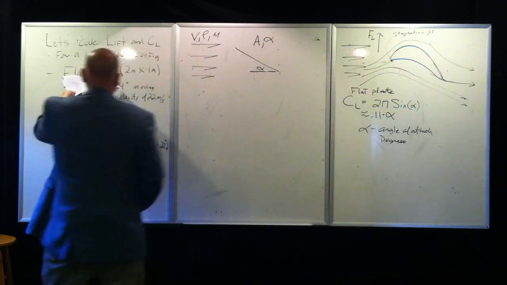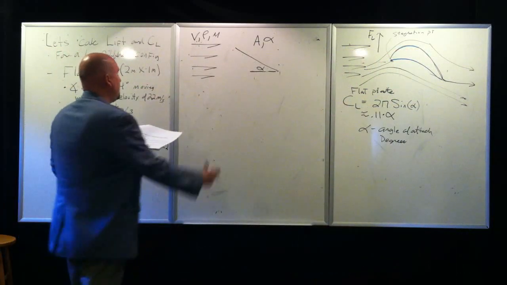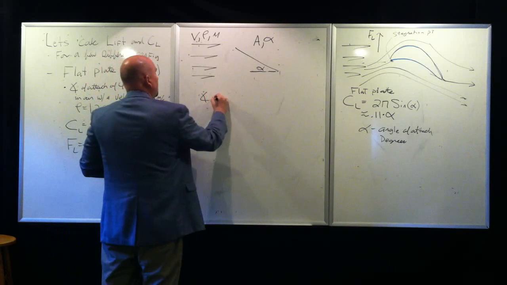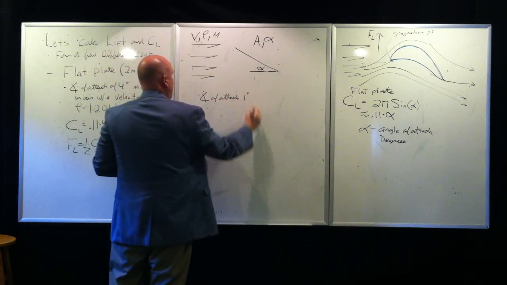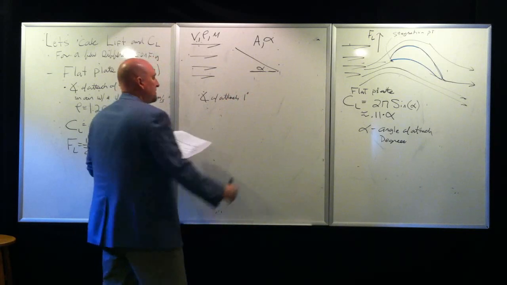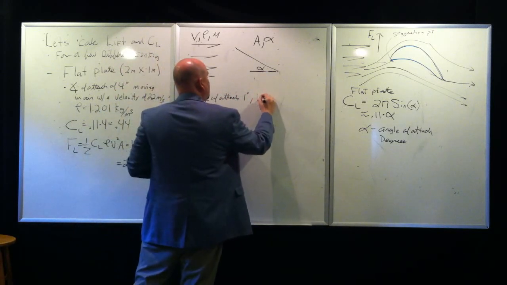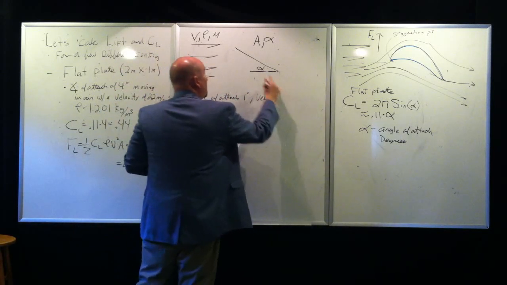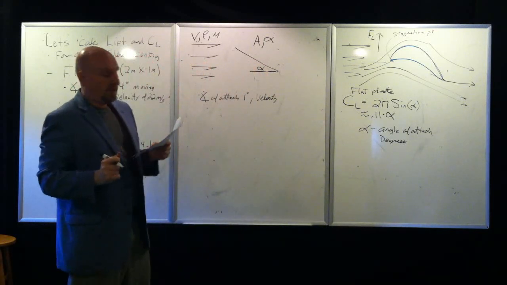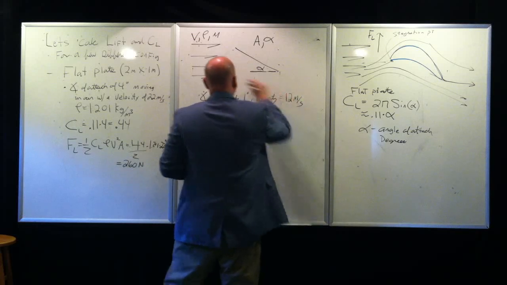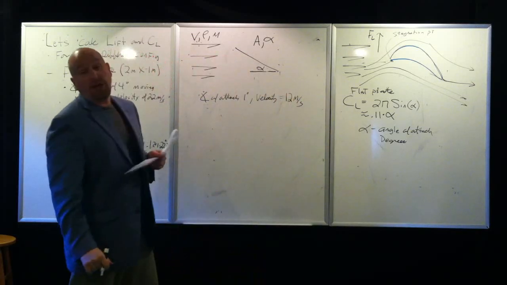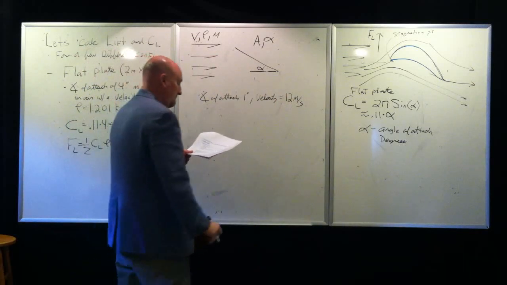Alright, let's keep the same size flat plate, but now let's do an angle of attack of 1 degree. 1 degree angle of attack, and again, the velocity either of the flat plate is going to be 12 meters per second, or the air is blowing over it with a velocity of 12 meters per second.